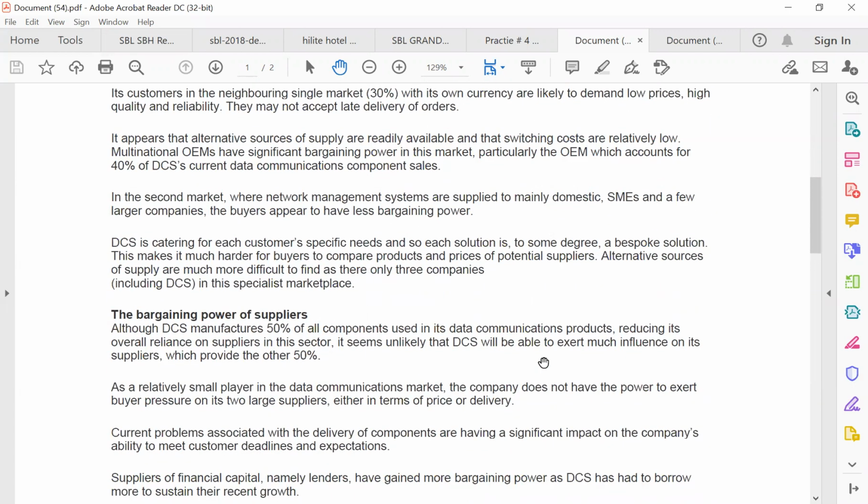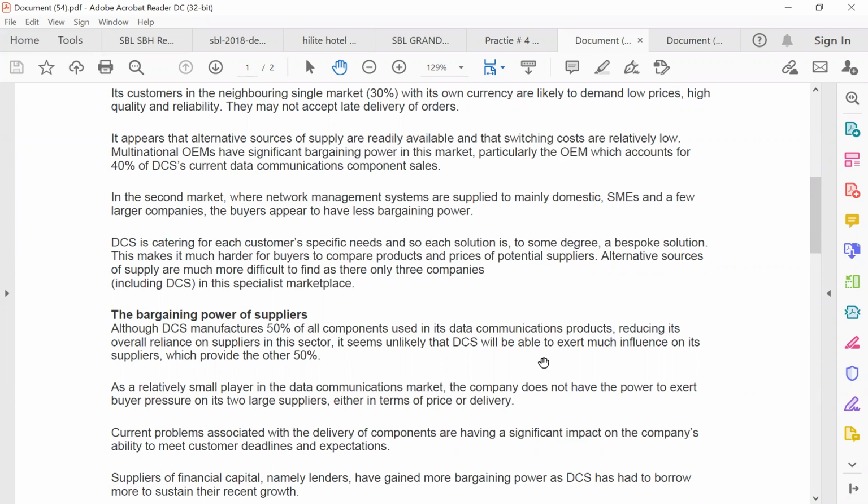So, if you are using this model, make sure that you tell if the buyer is having more bargaining power or less bargaining power. This is the thing that you will be telling. I have identified this in my previous class as well. DCS is catering for each customer's specific need, and so each solution is to some degree a bespoke solution.